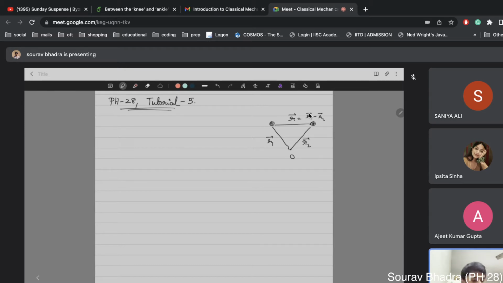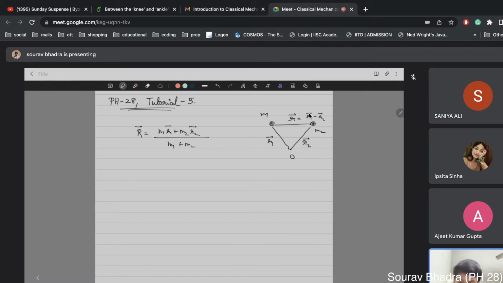In this way we can construct the geometry of our problem with vectors. And if we introduce the center of mass, which is R equals m1 r1 plus m2 r2 divided by m1 plus m2, these are vectors.